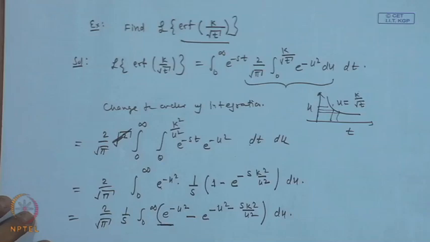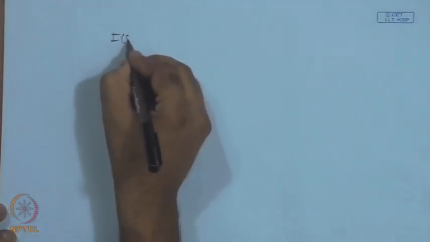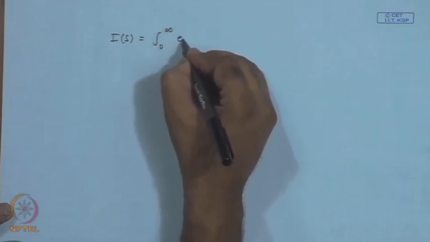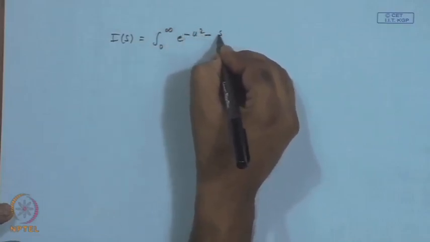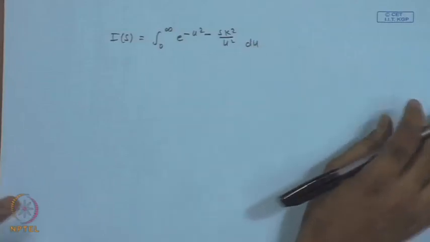The first integral we know the value of, so we can get it easily, but the second one we need to evaluate. So, let us assume that this is I of s, the integral from 0 to infinity of e to the minus u square minus s k square over u square, du.